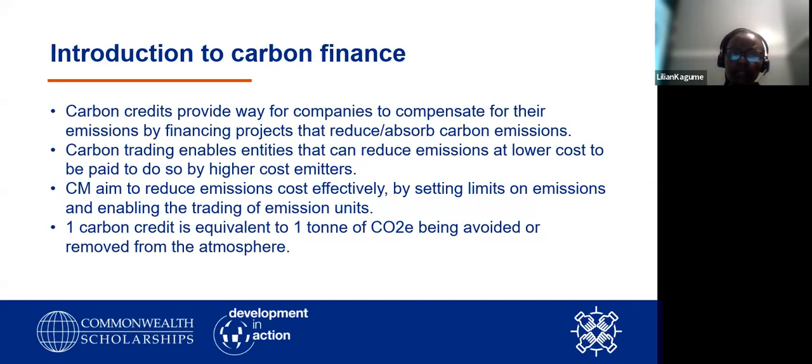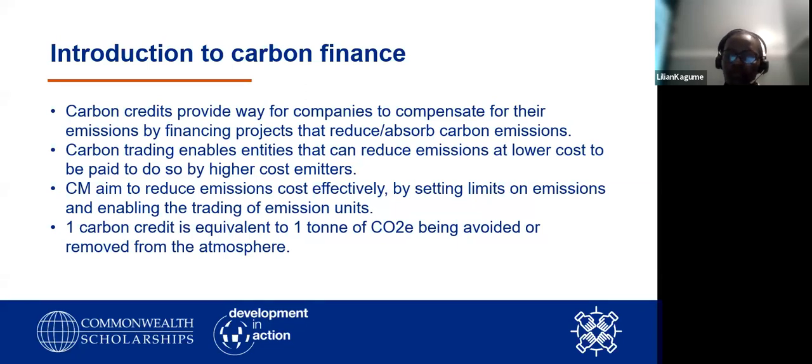So carbon credits basically provide a way for companies to compensate for emissions by financing projects that reduce or absorb carbon emissions. The rationale behind this is that we have nations in the developed world, like Asia, Africa, and Europe, which are very highly industrialized, meaning they release a lot of CO2 or carbon into the atmosphere.